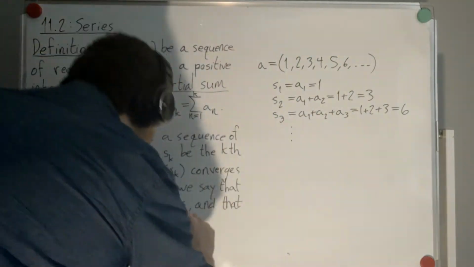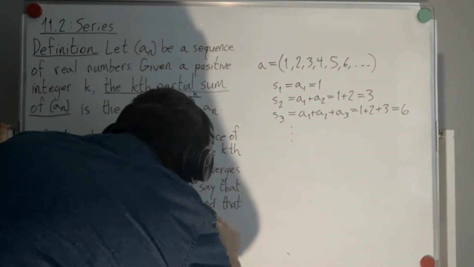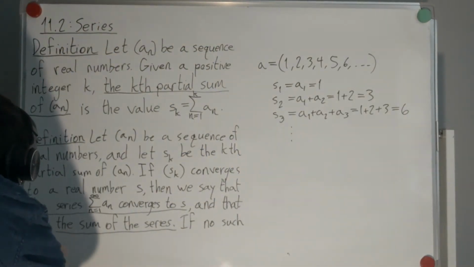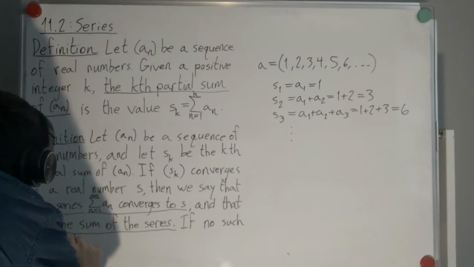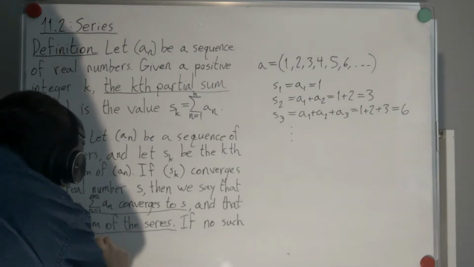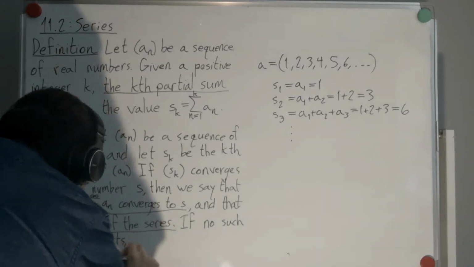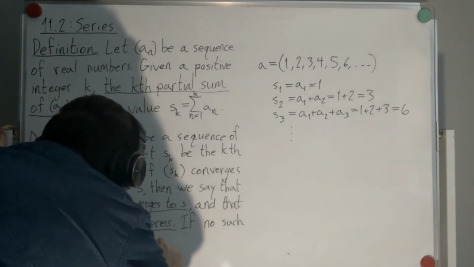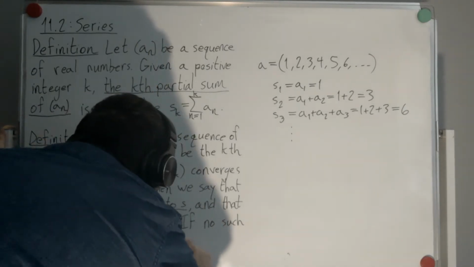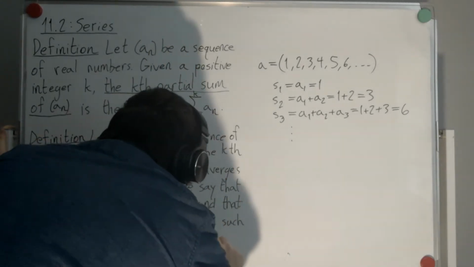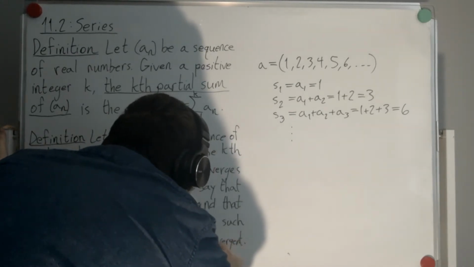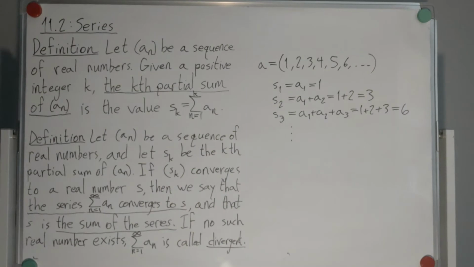So, if no such real number exists, the sum from n equals 1 to infinity of a_n is called a divergent infinite series. Okay?